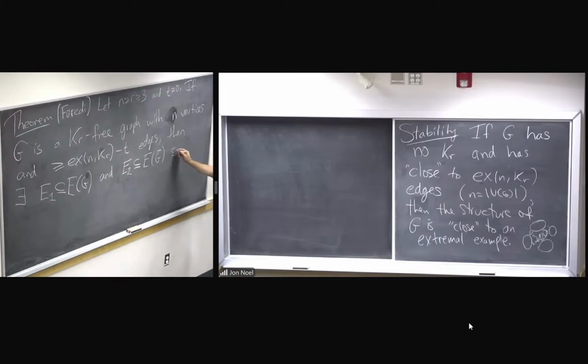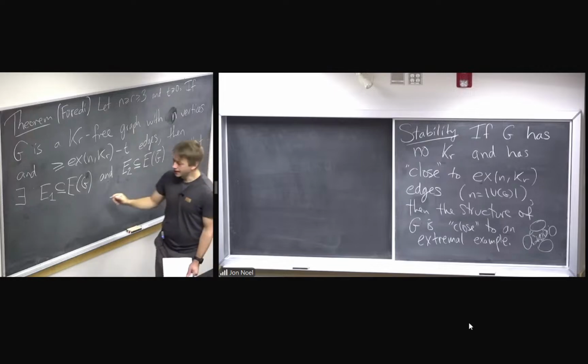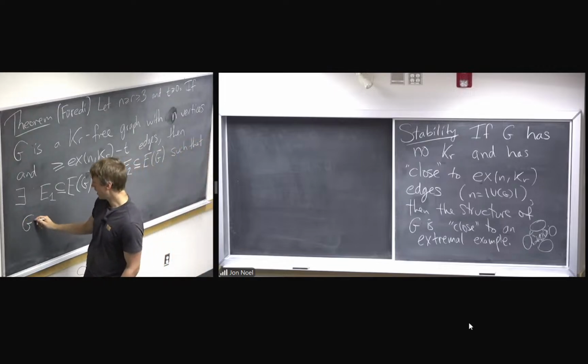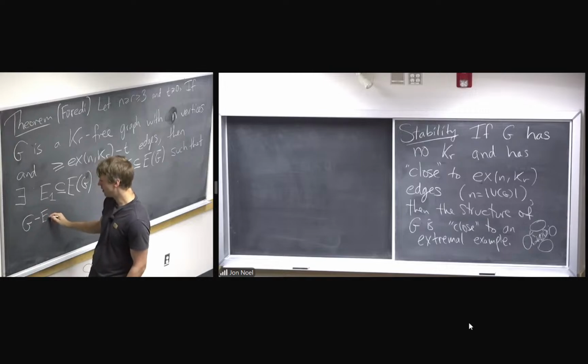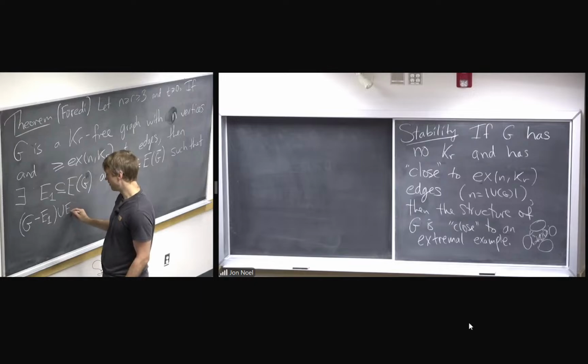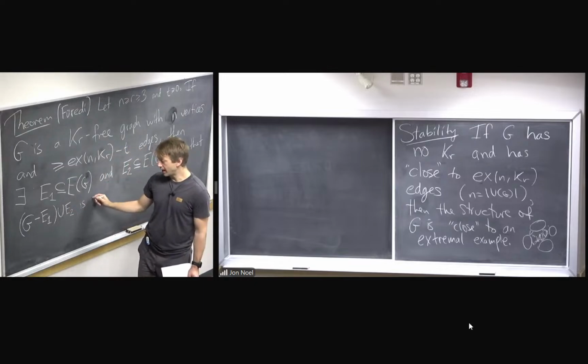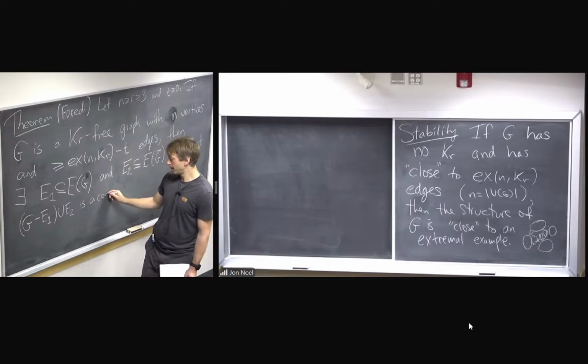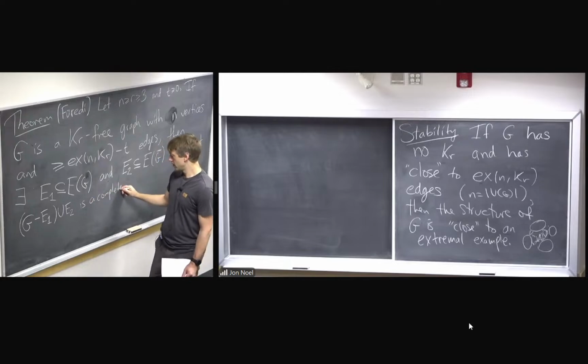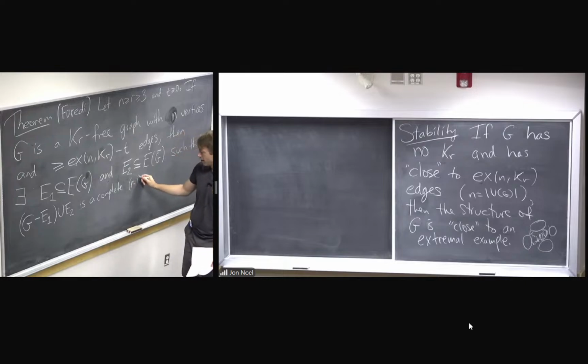Such that if I take G, take away the edges of E1, and add in the edges of E2, I get a complete (r-1)-partite graph.